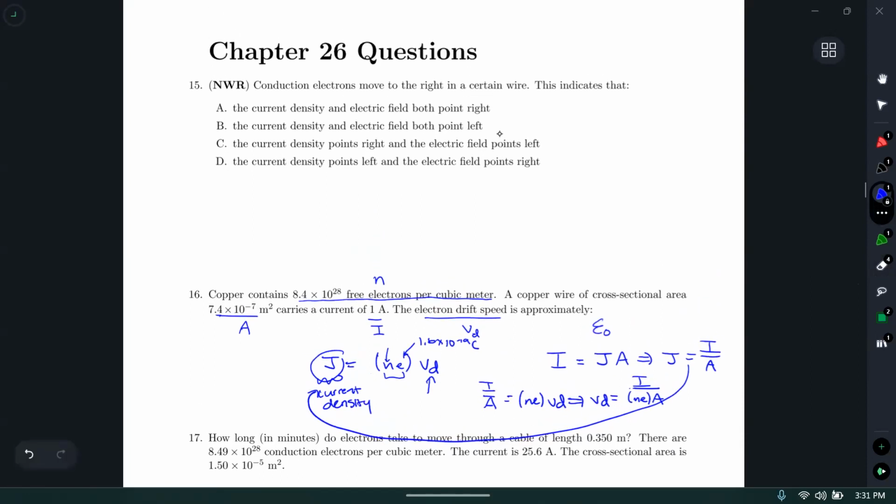If you were given coulombs per cubic meter, a certain number of coulombs of charge per cubic meter, that would be N E, what you're already being given. So if you're just given number of electrons per cubic meter, that's N. But if they've told you how many coulombs per cubic meter, that is N E, because it's already accounted for the charge of each electron.